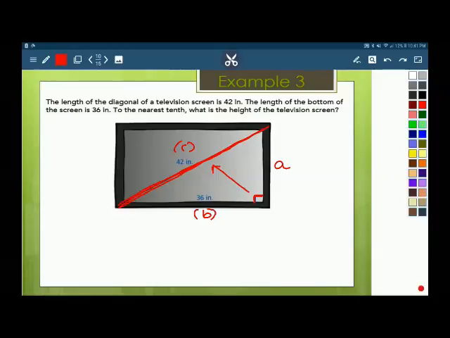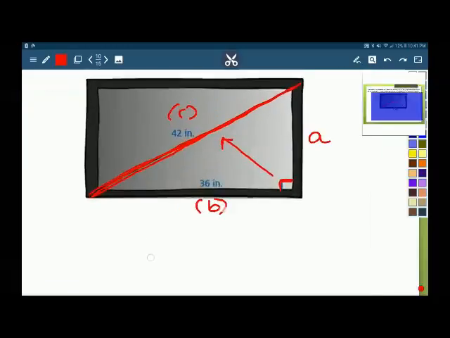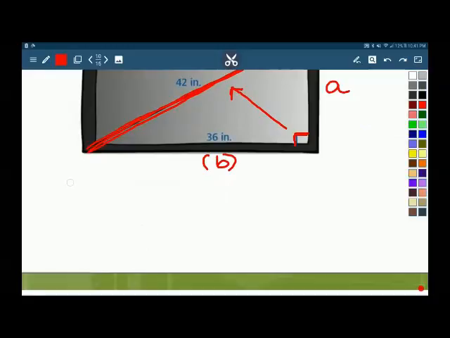Okay, so again, I'm going to write down my Pythagorean theorem, which is A squared plus B squared equals C squared. I'm going to replace C and B with the known values. So I have A squared plus 36 squared is equal to 42 squared.